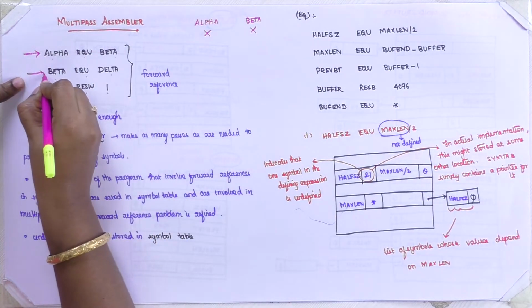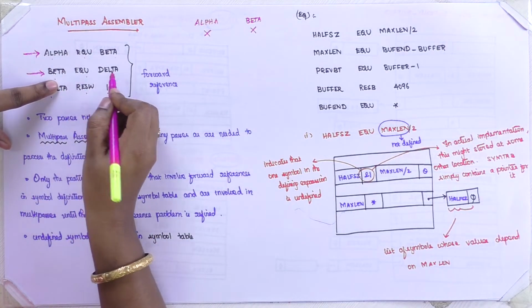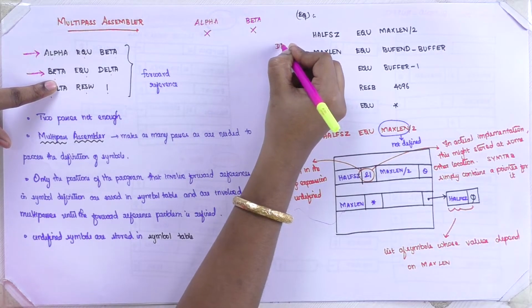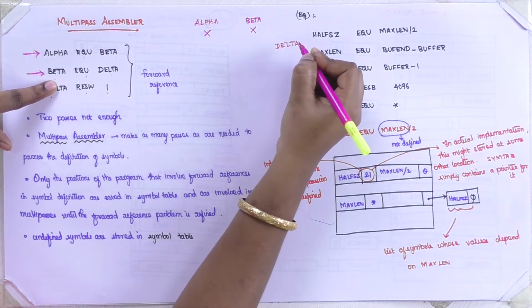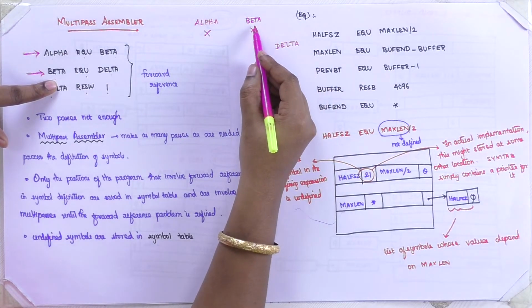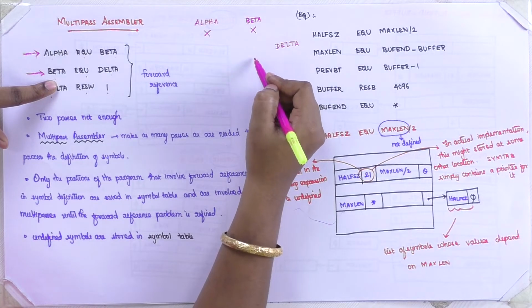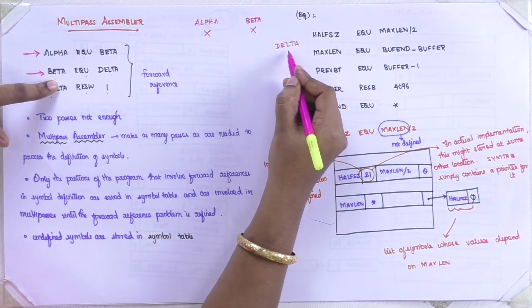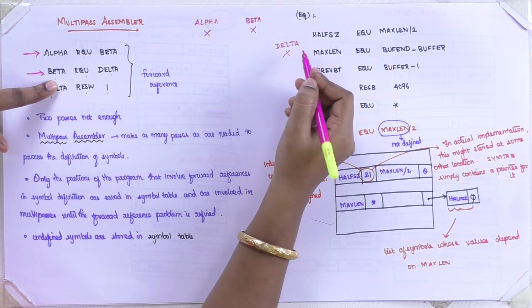Now I am reading the second line, beta EQ delta. So now one more symbol has been known. So what is the value of beta? So the value of beta is dependable upon delta. Do we know the value of delta in the first pass? No, we don't know the value of delta.